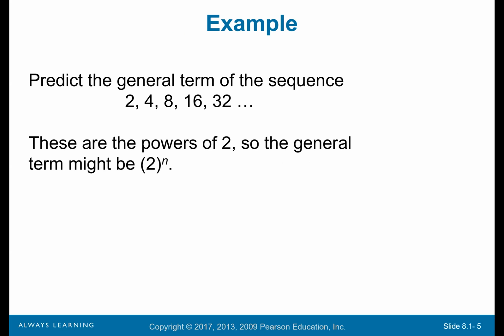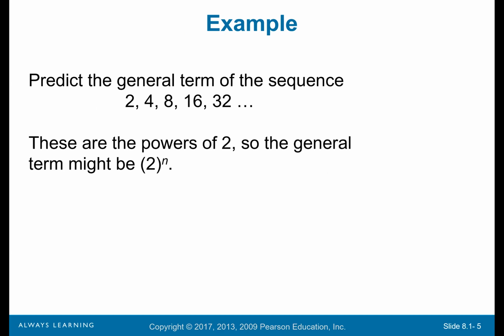So here we have a sequence, and a sequence is just a list of numbers. This one is infinite, I can tell by the 3 dots at the end. So looking at this, the first term is 2, so that means the x would be 1 and the y would be 2 if we were talking about ordered pairs, which we will later.